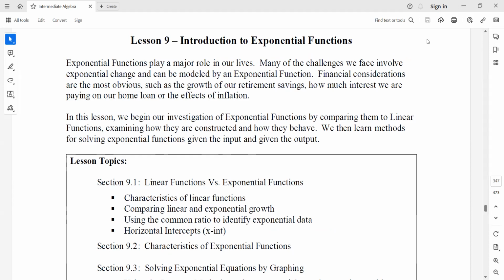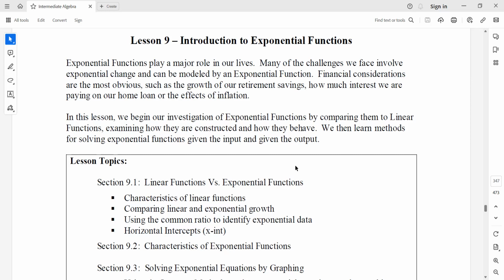Usually, when you go to the bank for a loan, the interest is set up with exponential functions. So we do use exponential functions a lot with retirement, inflation, and what have you.